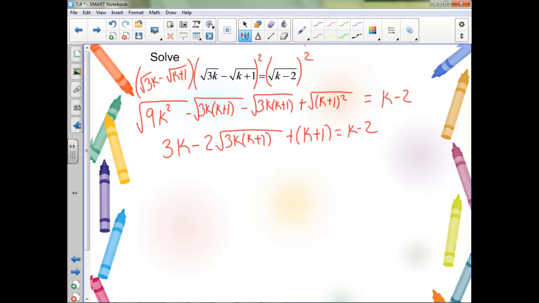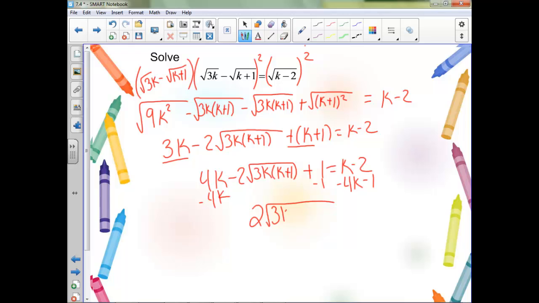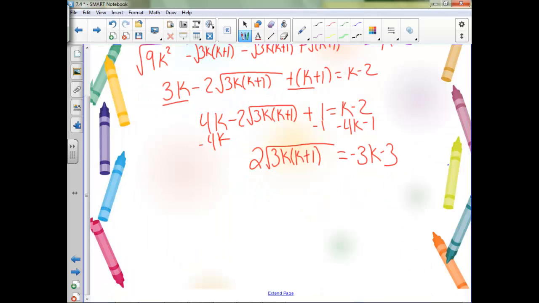Notice we still have a root, so we need to go ahead and get that root by itself, but let's first simplify this left side. So we've got 3k plus k. Now we've got a root by itself, so let's go ahead and square both sides again.